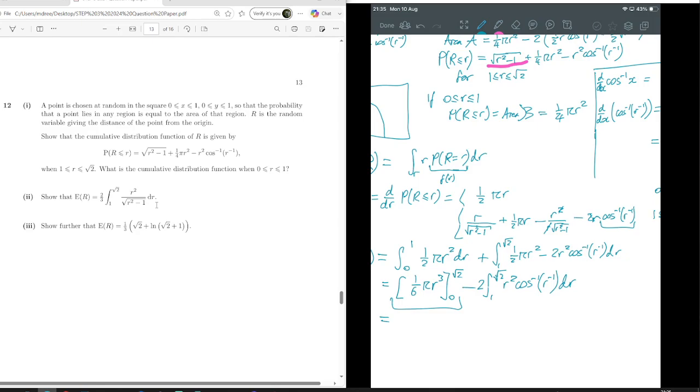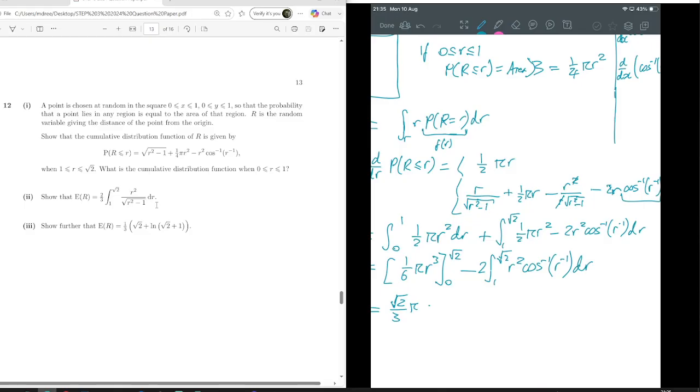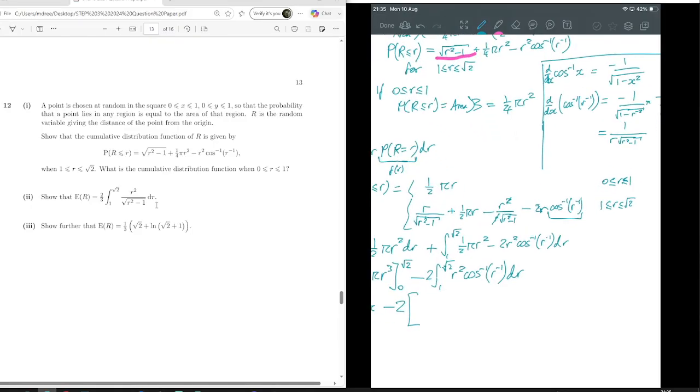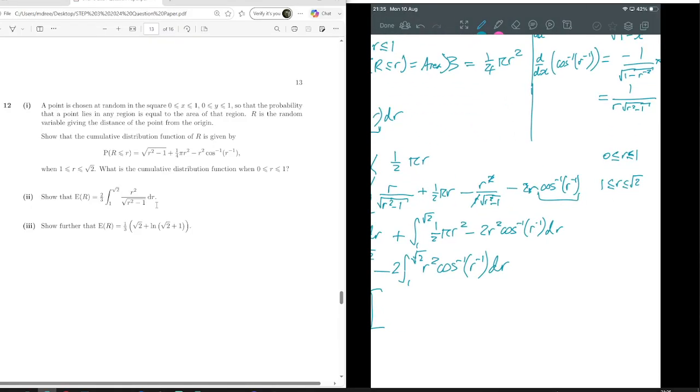I am going to evaluate that first part. So putting the root 2 in is going to give a 2 root 2, which cancels partially with the sixth. The 0 in does absolutely nothing. Minus 2 lots of, and I'm debating how I want to do this. I think I now just want to open a big square bracket and do my by parts.